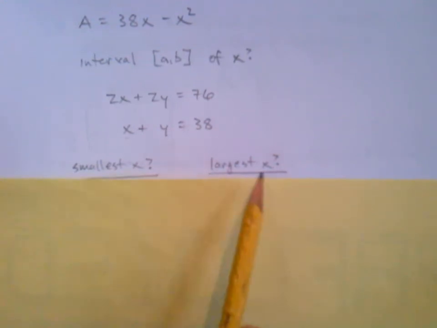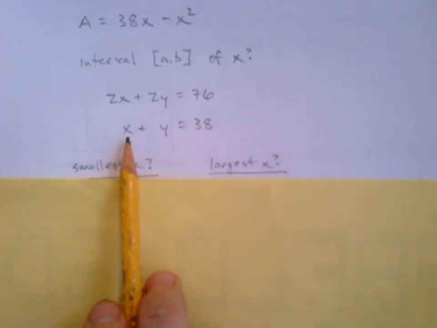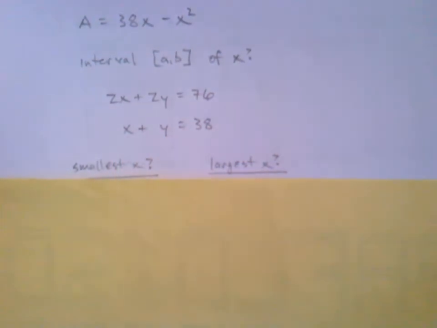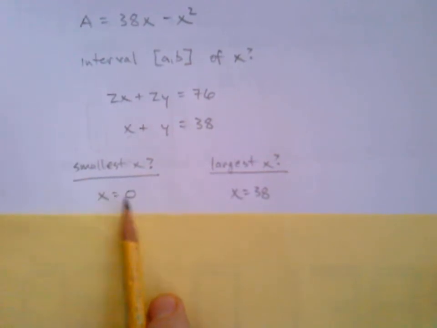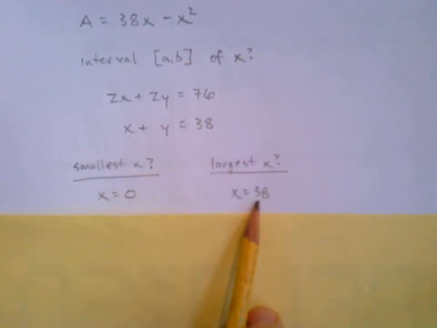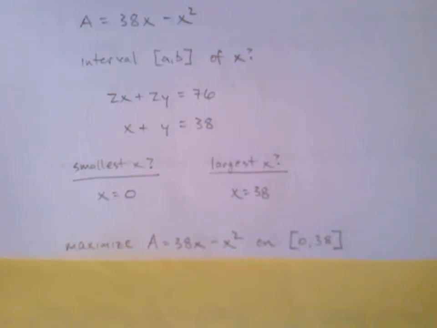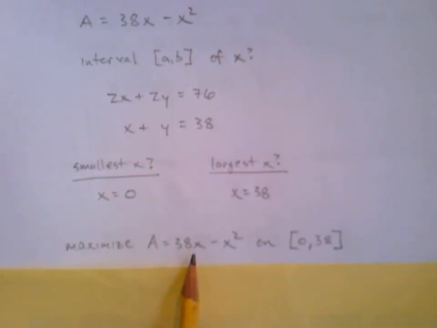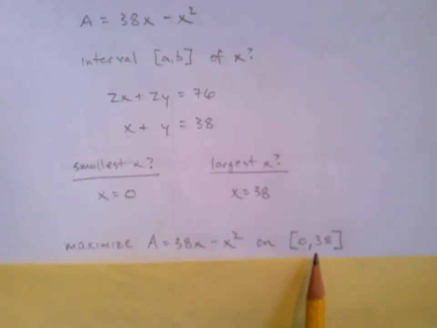The biggest that x could take is 38. If x is 38, then y becomes 0, and that constraint is still going to work out just fine. So I've got the smallest value of x and the largest value of x. The interval is 0 to 38. So we're going to try and maximize our area, A equals 38x minus x squared, on the interval 0 to 38. Now, you may be thinking, wait a second.